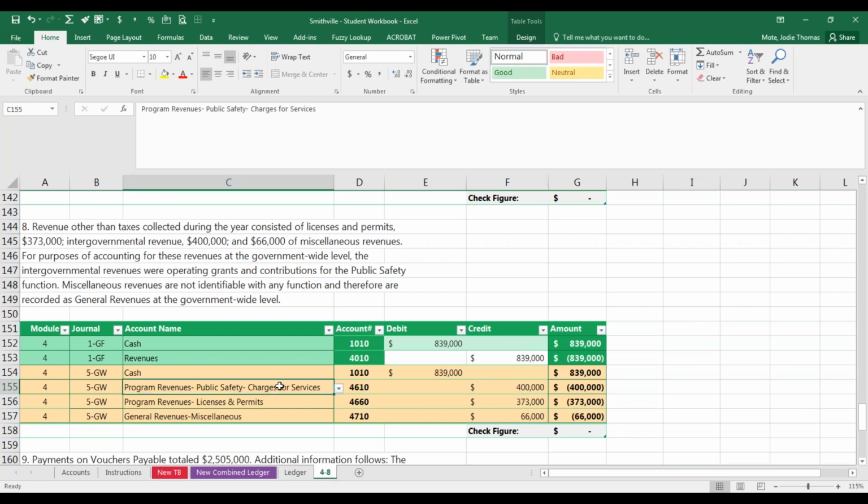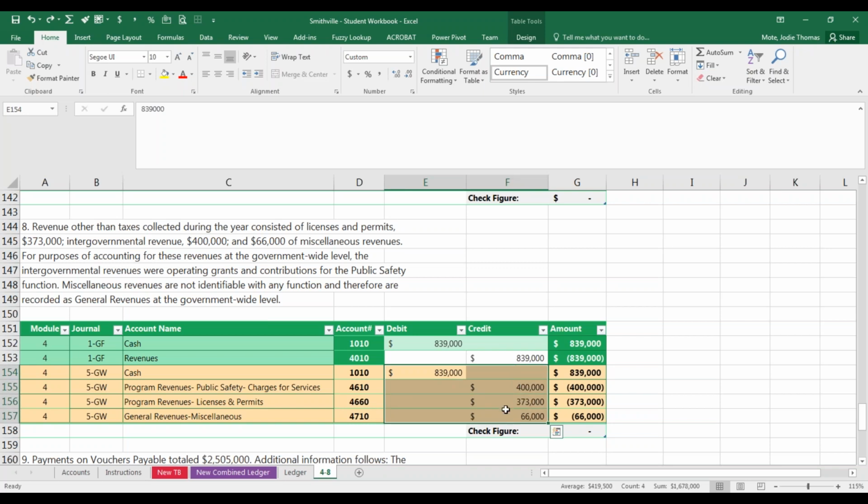This should say maybe intergovernmental grants or something like that, program revenues for public safety, and not say charges for services, and instead say something like grants, something to that effect. You can see it doesn't recognize what I just typed in there, so I'll switch it back. License and permits for $373,000, again from the problem, and general revenues miscellaneous of $66,000. All this should look familiar to you.